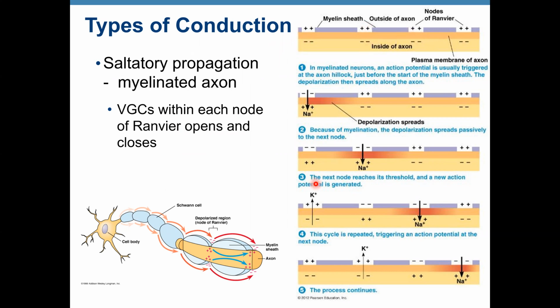And what it does is increase the speed, or velocity, of the action potential. The electrical impulse is moving very fast, jumping from one node to another node. This is called saltatory conduction or saltatory propagation.